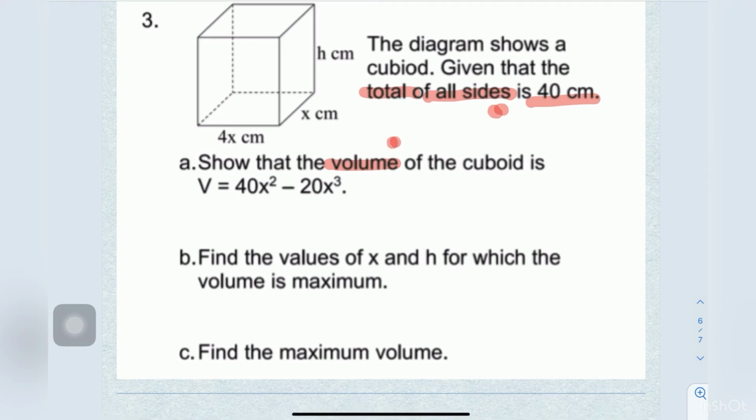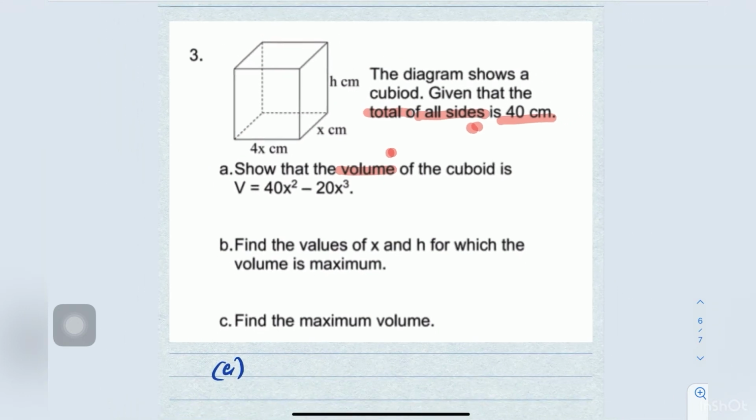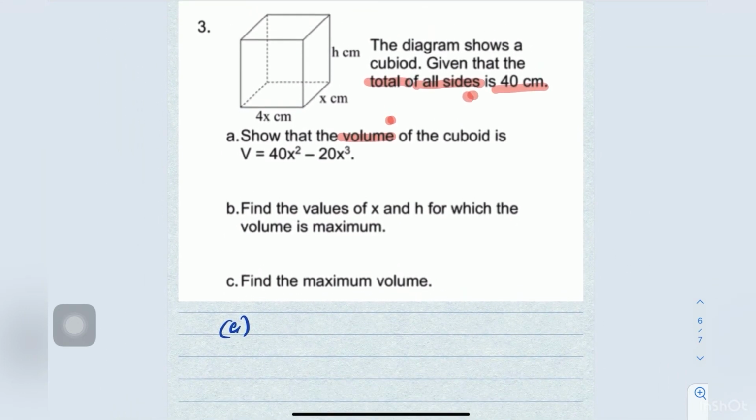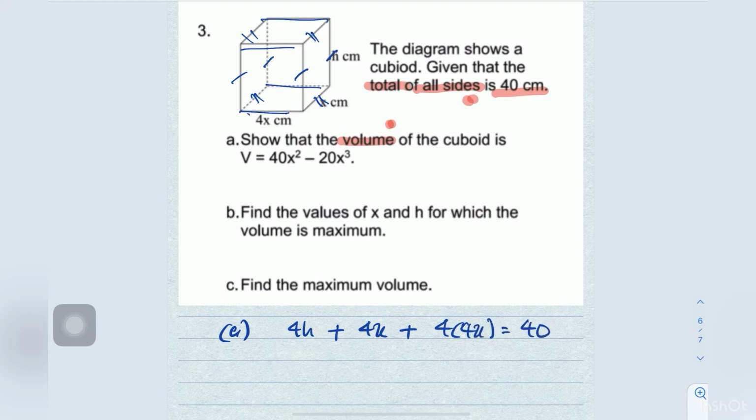So now A. Total of all sides. Since this is a cuboid, you have to total all sides. Here we have, let's say, h. 1, 2, 3, 4, we have 4h, plus x, 1, 2, 3, 4, 4x as well. We have 4 sides of 4x, 1, 2, 3, 4. So 4 times 4x equals 40.